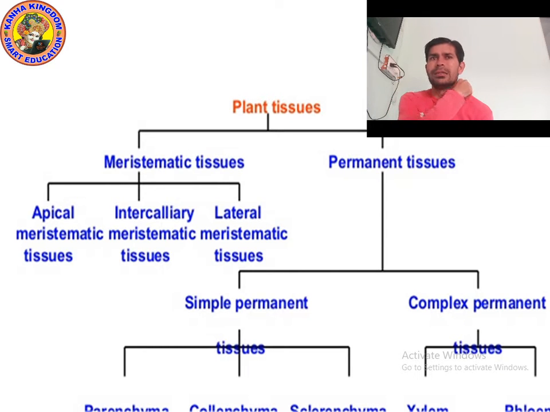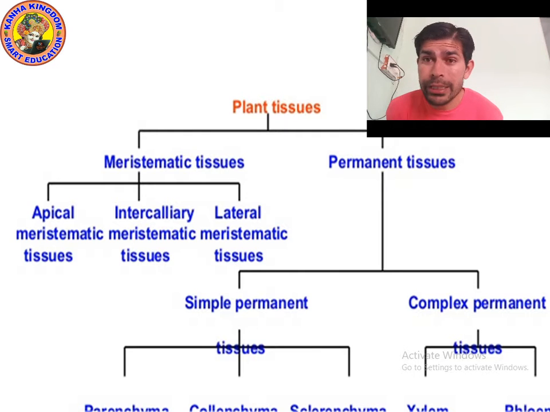So we can say that tissue is a group of cells having similar structure and function. All the tissues of one place are the same. You cannot make a group of cells by taking cells of different parts, like the cell of the cheek, the cell of the heart, and the cell of the shoulder. So this group is not a tissue.